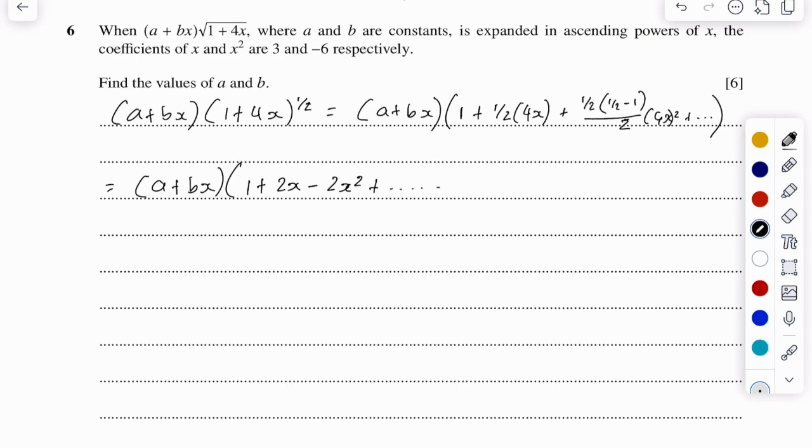Keep adding along. And we can therefore multiply that out now, because remember, we're trying to find a and b.